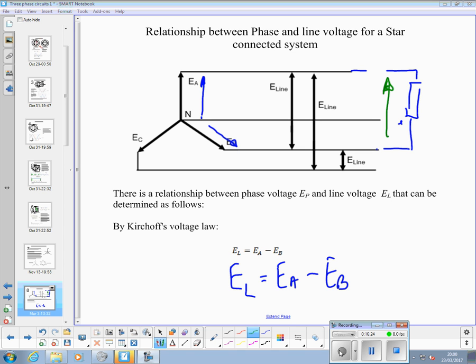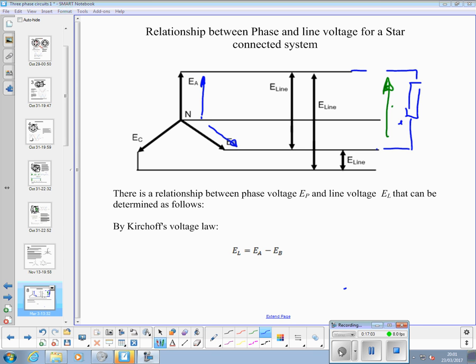So plus that arrow. You do it step by step. I always teach Kirchhoff's voltage law, right?